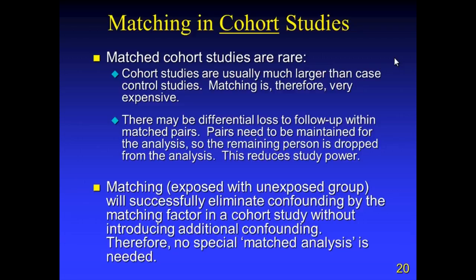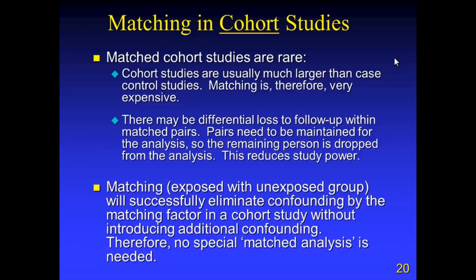The other reason is that if there's differential loss to follow-up, in other words, say an exposed person is lost but not the unexposed person, then basically you have to drop the corresponding person. So you lose two people for every one, and this can substantially reduce the number of people in the study, and so it reduces study power.